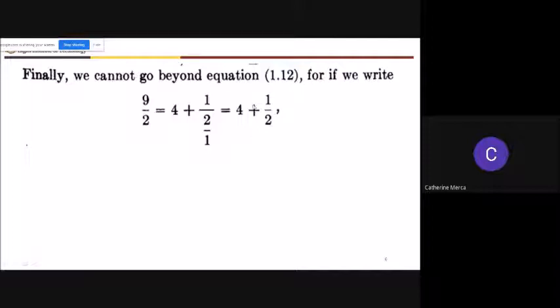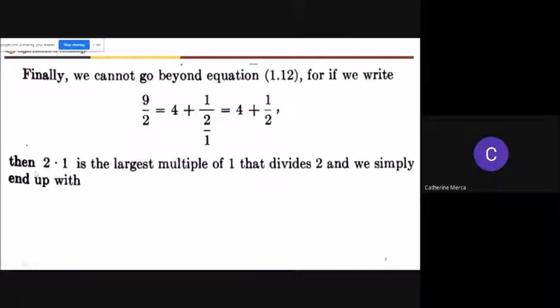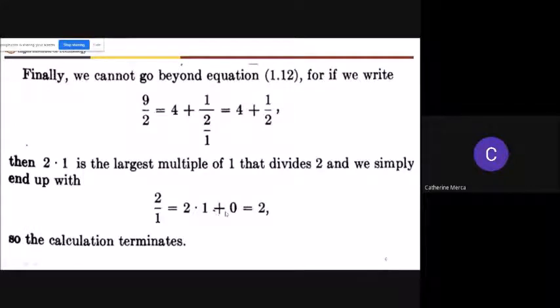So you come up with 4 plus 1/2 already. So you end up with a 1 there. So 2 times 1 is the largest multiple of 1 that divides 2, and we end up with 2 times 1 plus 0 equals 2. So the calculation actually terminates after that value.